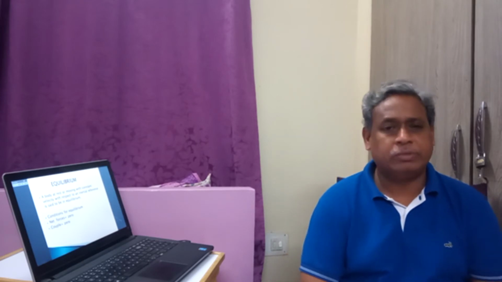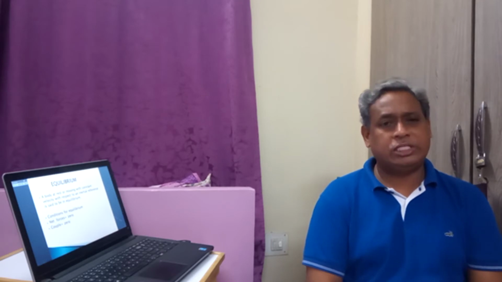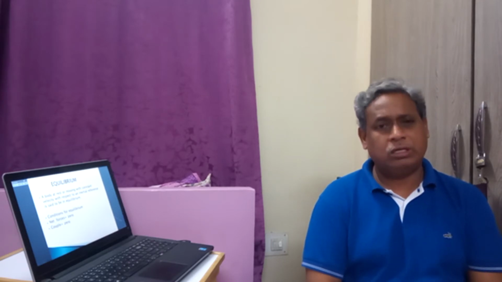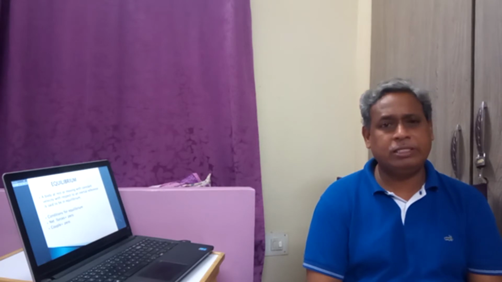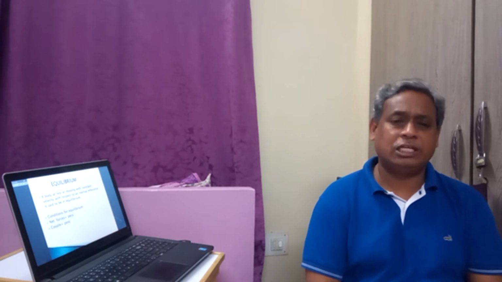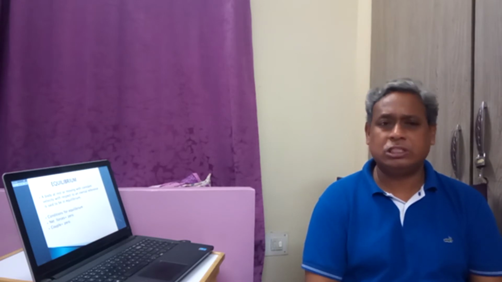Then we come to the topic called equilibrium. As we know, equilibrium is being in a state of rest or motion, but it should be equally balanced. As we know, Libra is balanced; equilibrium is equally balanced. That means the forces are equally balanced. In other words, the net effect of forces on the body is zero. They neither produce a resultant force which pushes nor a resultant moment which turns the body.